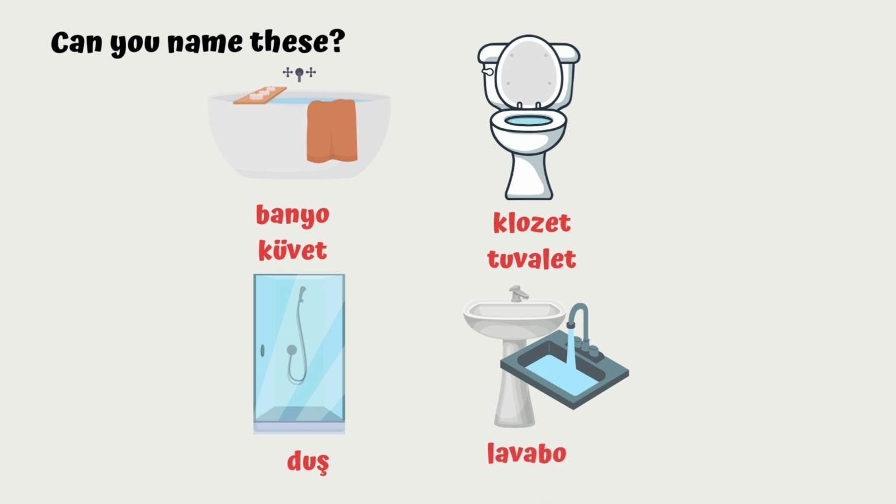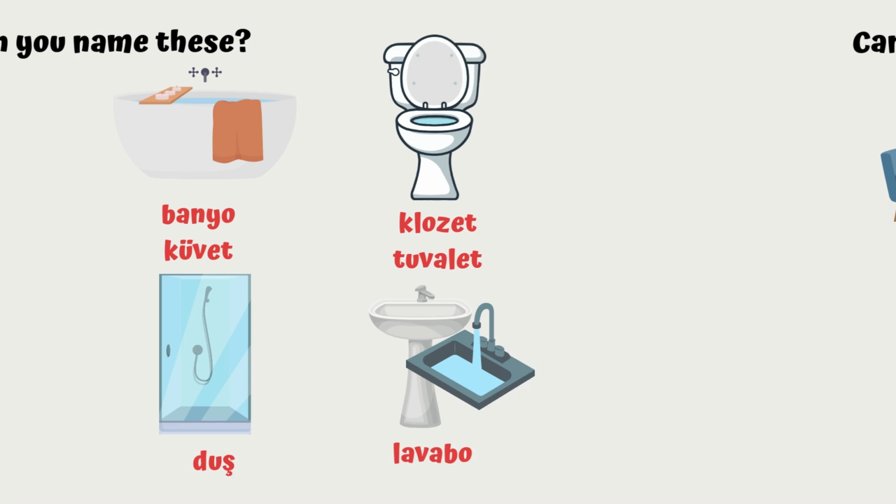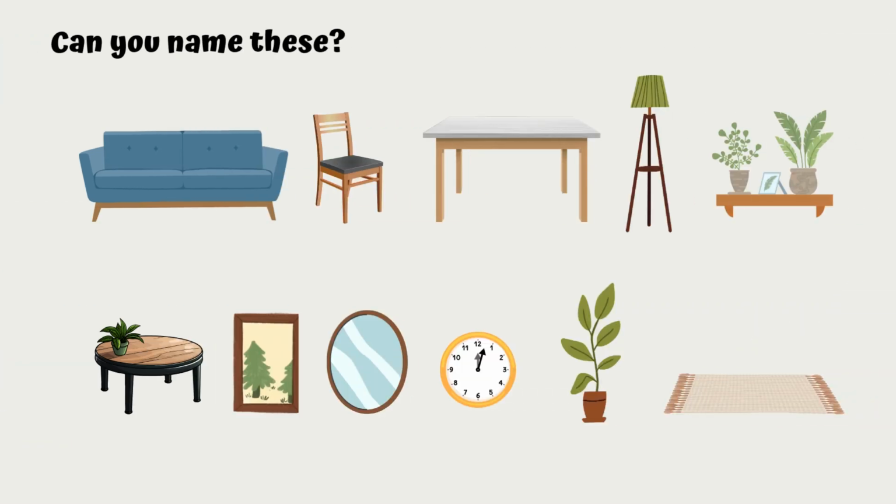We don't have separate words for sink and basin in Turkish. We just call all of them lavabo. Okay. And next one. Do you remember the words for these items? Okay, I'm giving the answers.